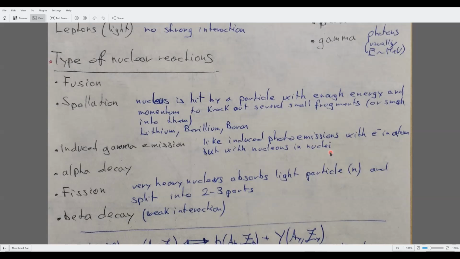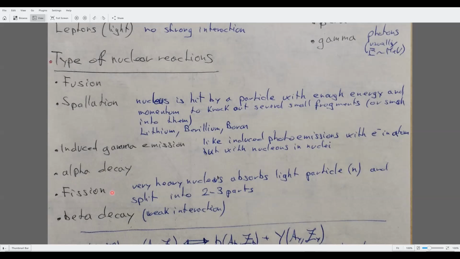Similarly, it can happen with a nucleus in an excited level, and the passage of a gamma ray may induce the emission of a gamma ray. Alpha decay, that is when the nucleus emits an alpha ray, losing a part, but not because of a collision.